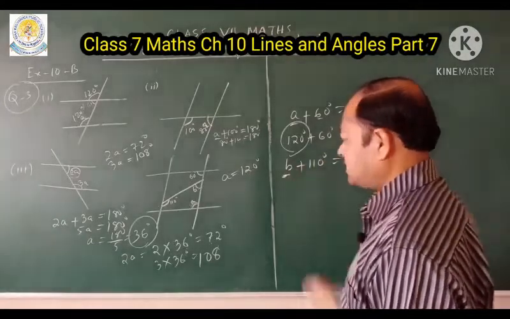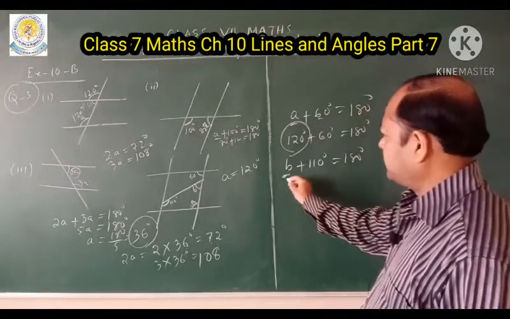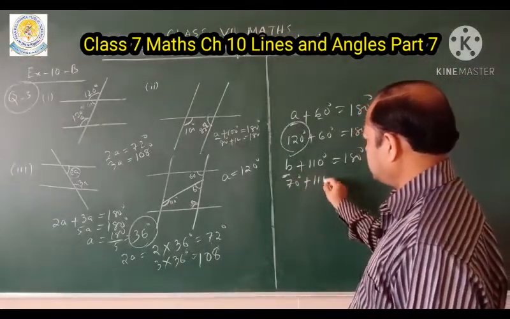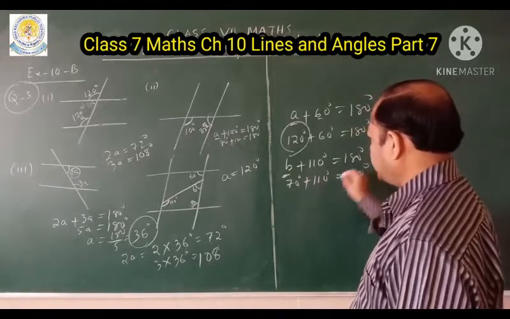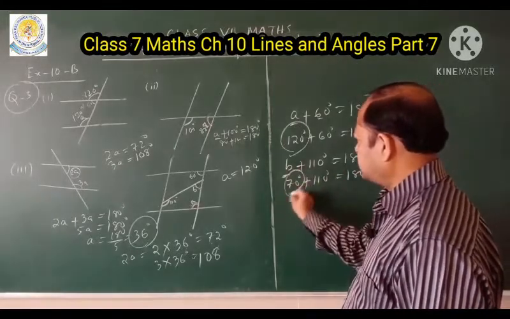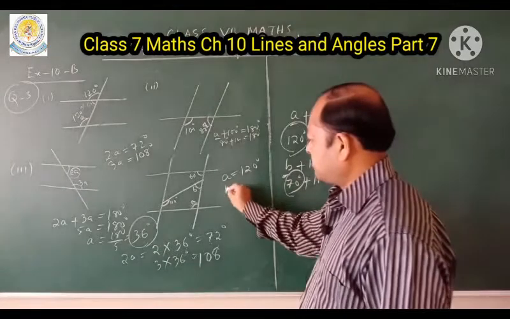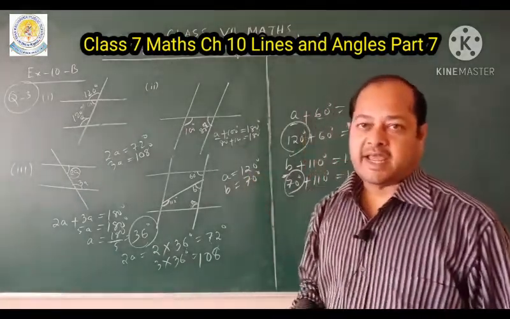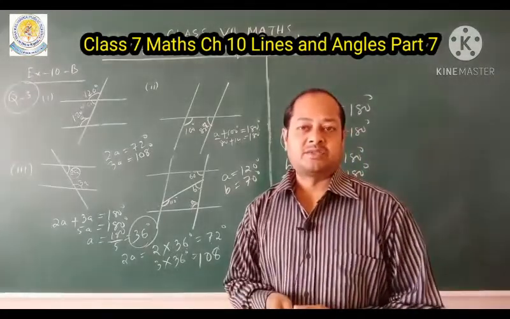So how much is B? B is 70 degree. That means if B is 70, then 70 plus 110 will be 180 degree. So B equal to 70 degree. The reason is co-interior angles. I hope you understand all the questions discussed today.